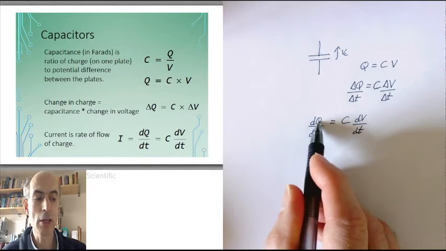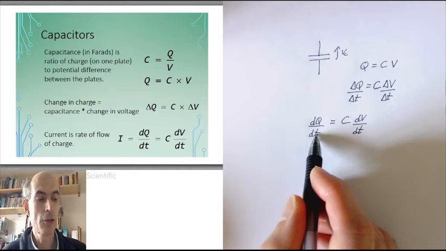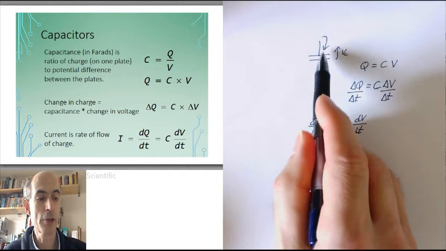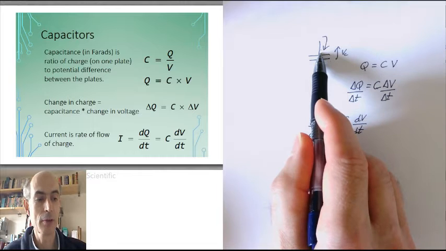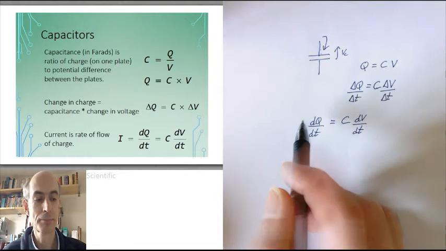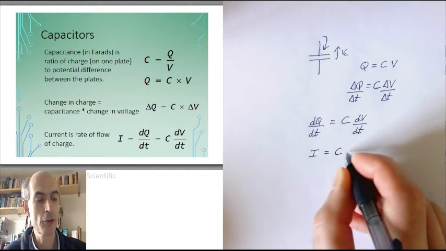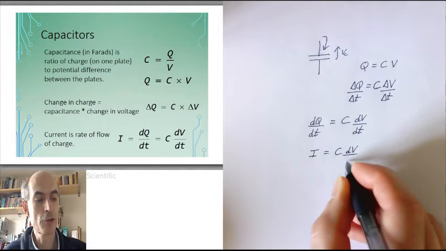Now the rate of change of charge is the rate at which charge is entering one plate of the capacitor here. By definition, that is the current. So we have the current equals the capacitance times the rate of change of voltage.